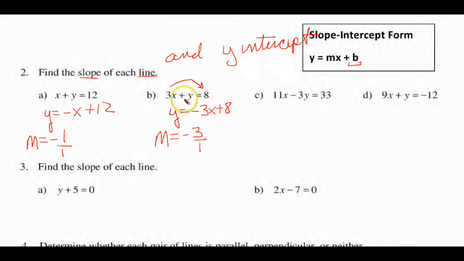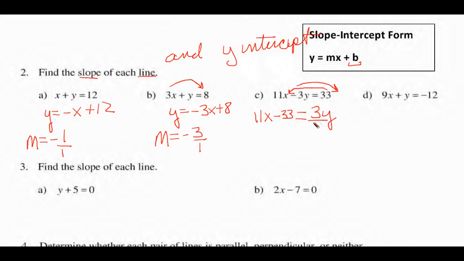Now these equations were in standard form. So this is in standard form, and we want our y to be positive. So I'm going to transpose the y to this side. It's okay to do it that way. So we have 11x. Transpose the 33 on this side becomes a negative 33.